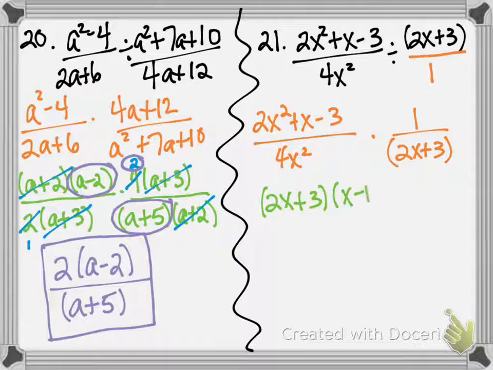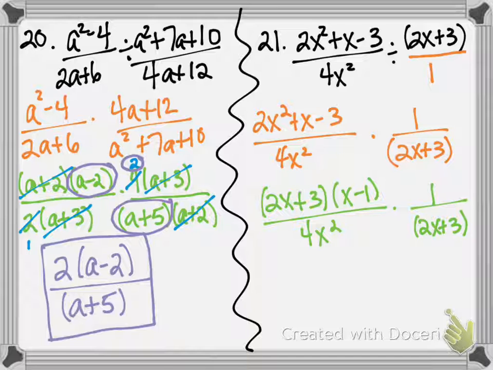And when you do, it is one of the factors. So we have 2x plus 3 times x minus 1 and 4x squared, and then 1 over 2x plus 3. So your 2x plus 3's will cancel, and you are left with the answer of x minus 1, which again is attached. You can't do anything with that unless there's a factor that's identical to it, divided by 4x squared, and that is your answer.